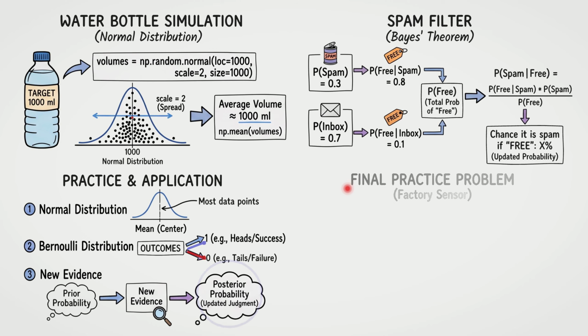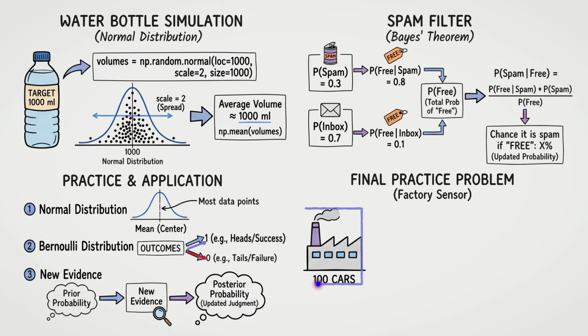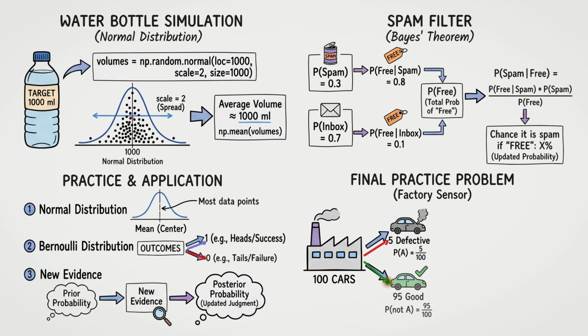Let's apply this one last time to our factory sensor problem. Imagine a factory produces a batch of 100 cars. Our baseline probability is that 5 out of 100 are defective, making the rest 95 out of 100 perfectly good. We run them through a sensor test. If a car is actually defective, the sensor is 90% accurate at catching it.